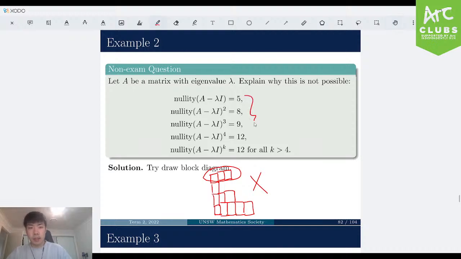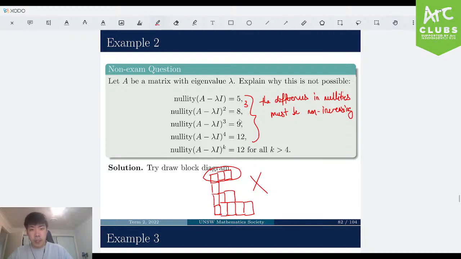And what's happening here is that this sequence is violating the rule where the differences in nullities must be non-increasing. This is being violated because the difference in nullity here and here is 3.